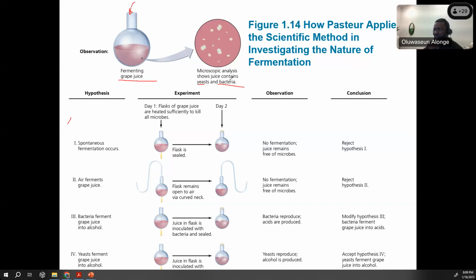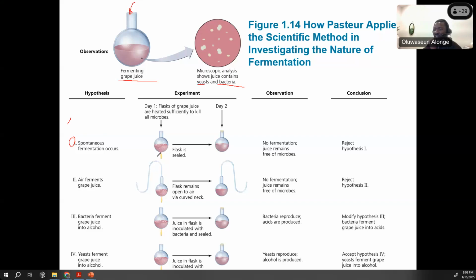Is it the yeast, or is it the bacteria? What is causing the fermentation? Now, number one, the first thing he did, he made a hypothesis that spontaneous fermentation just occurs, as though fermentation occurs without anything. It's just spontaneous. So what he did is this.